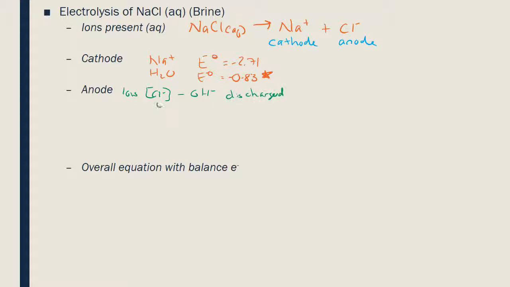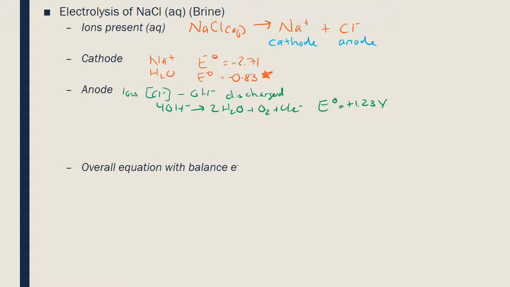So just like in the previous example, we have 4 OH- ions provided from water, and that is going to produce 2 waters, oxygen, and 4 electrons. And as we know, that had the E theta value of positive 1.23 volts. Because chlorine is much higher on the list, if you look back at your reactivity series on table 24.